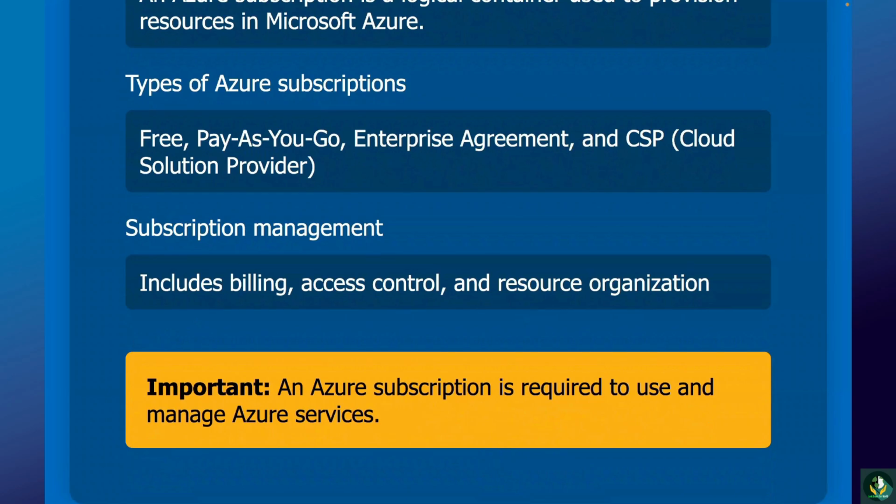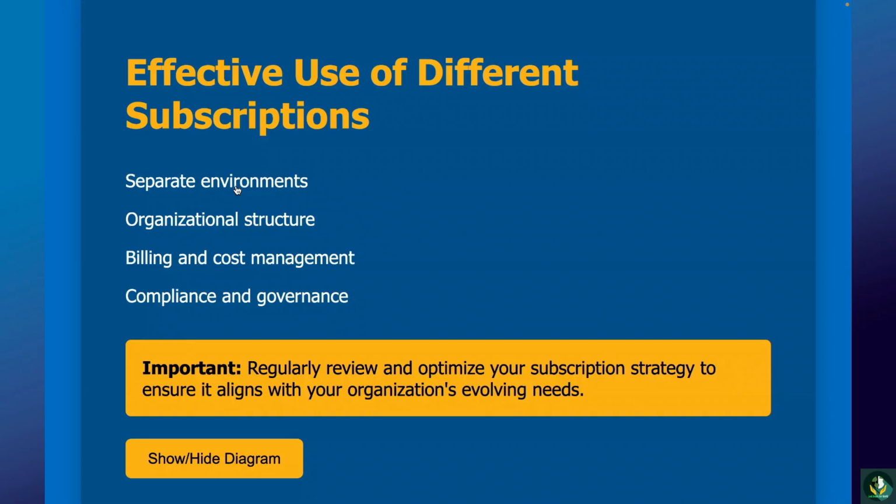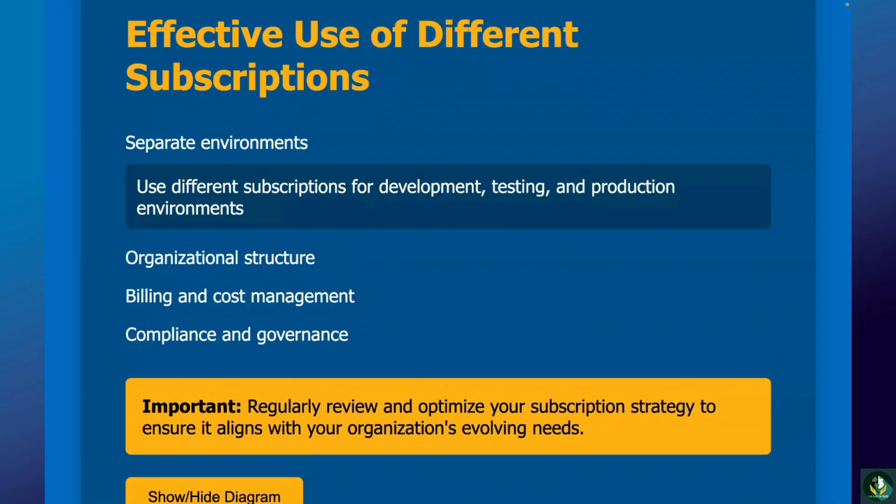Now, how do we effectively use different Azure subscriptions for various projects? Azure subscriptions provide a flexible framework for organizing and managing cloud resources. By strategically using multiple subscriptions, organizations can optimize their Azure environment for different projects and purposes.